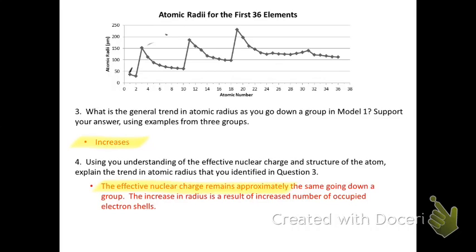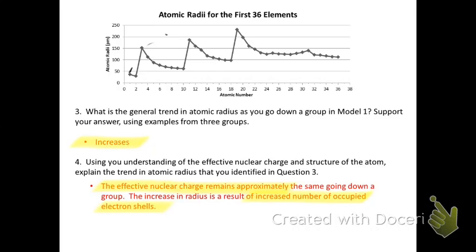Because it remains essentially the same, the reason why the atom is increasing as we go down is due to an increase in the number of occupied shells. So we're just adding more shells to the atom as we go down the periodic table.